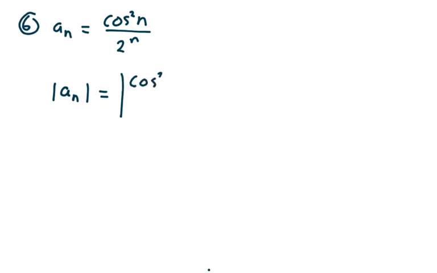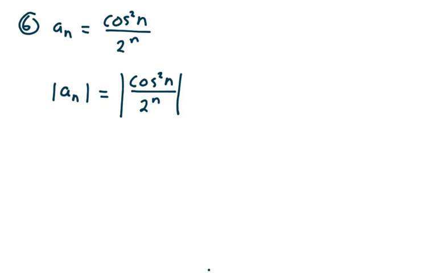Suppose a sub n is equal to cosine squared n divided by 2 to the n. Now, this is what we're going to do here. If I look at the absolute value of a sub n, this is equal to the absolute value of cosine squared of n divided by 2 to the n.